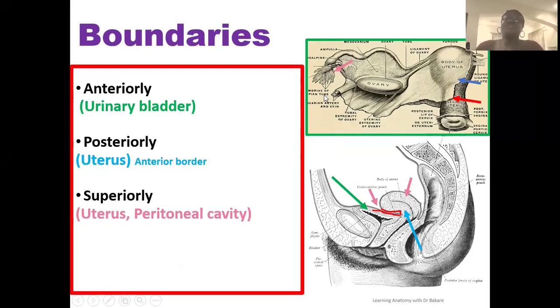And when you have endometrial tissue within the peritoneal cavity, they can also have access into the pouch. We try to use this lower image. Remember when we tried to highlight the superior border of the uterovesical pouch, we said that superiorly it forms a connection with the peritoneal cavity at this region. So endometrial tissue that finds its way into the peritoneal cavity can also be lodged into this uterovesical pouch.